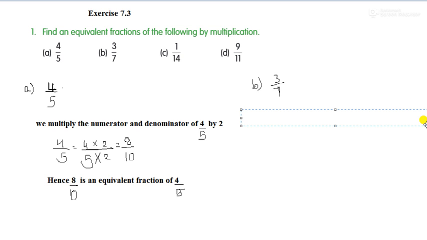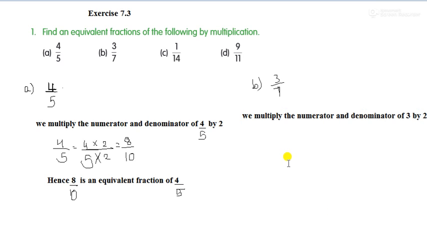We multiply the numerator and denominator of 3 by 7 by 2. Here 3 by 7 equals 3 by 7 into 2.